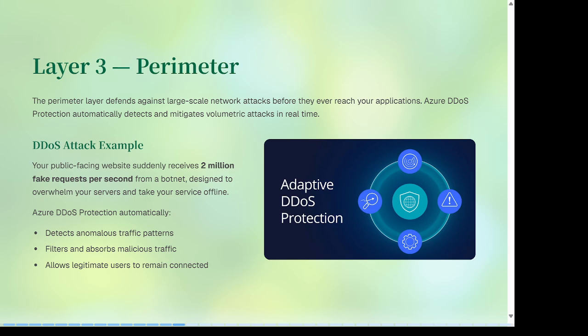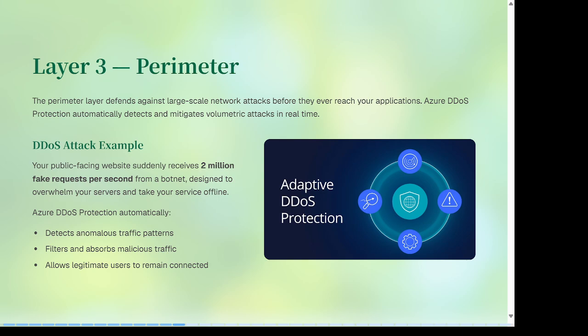And here we can talk about the distributed denial of service attack, DDoS. Imagine you have a public-facing e-commerce website hosted in Azure. Everything is running normally. Suddenly, your website starts receiving 2 million requests per second.